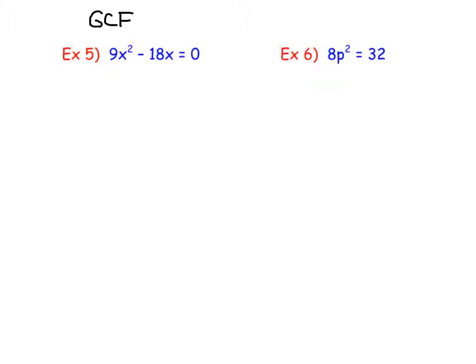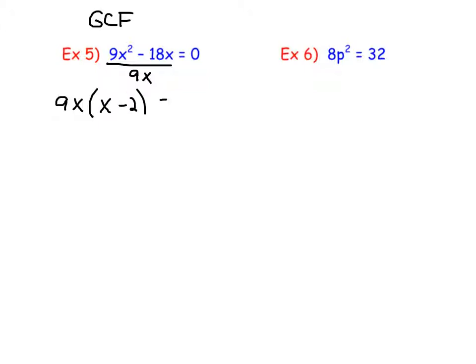And if I look at this, I can see that it has a GCF. It has a greatest common factor. So what we're going to do is divide out a 9 and an x. So when I divide out a 9 and an x, it becomes part of my answer. So I get 9x, and then I'm left with an x minus 2.